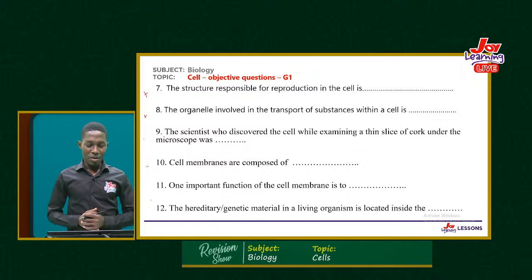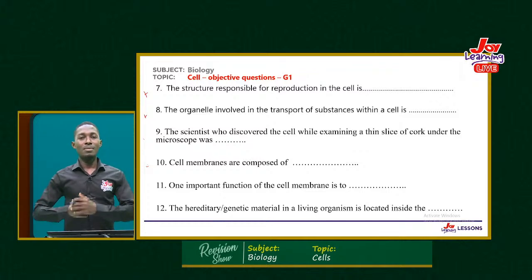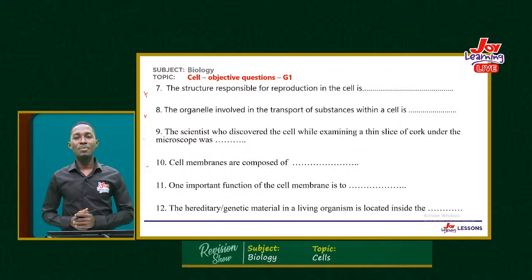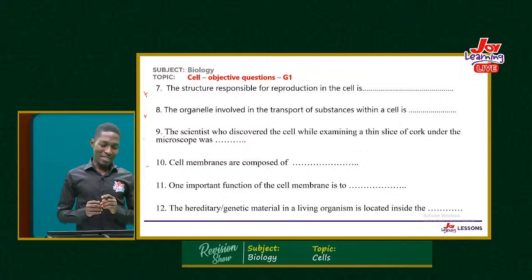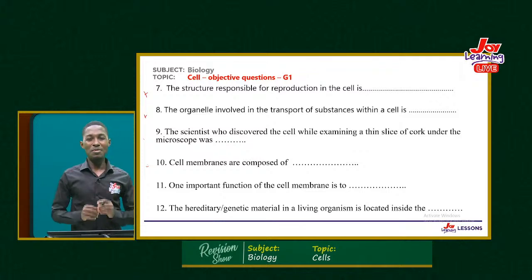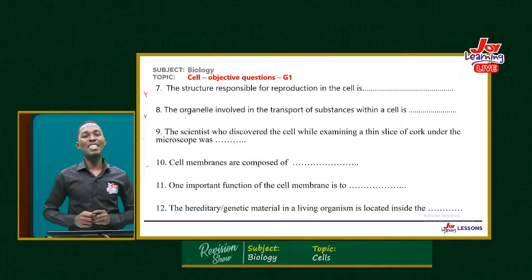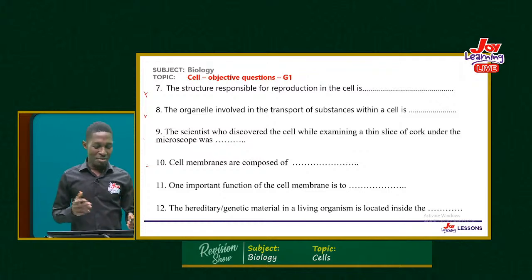One important function of the cell membrane is to? Protect the cell or the organelles inside the cell. Yeah, that's correct. But they narrow down to one important, usually the first important one. Transport, or it serves as a membrane when food materials enter through the cell. You have the idea.